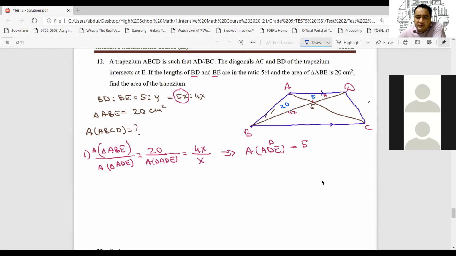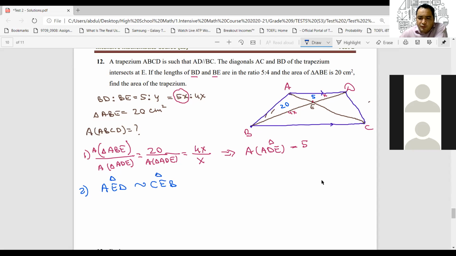Okay. So now another thing: what do you think about triangles AED and CEB? Are they similar? Is triangle AED similar to triangle CEB?